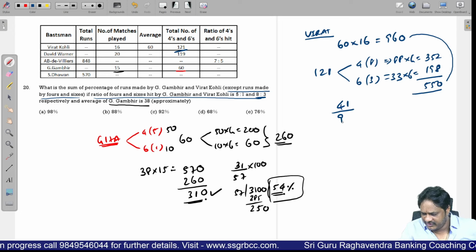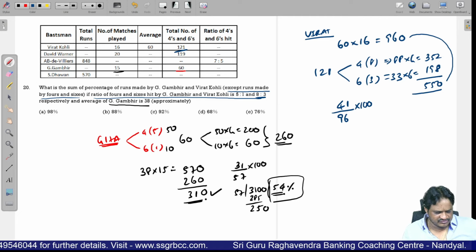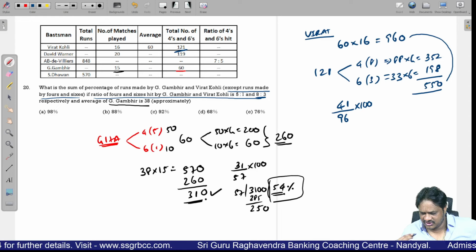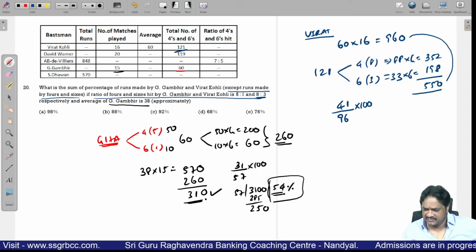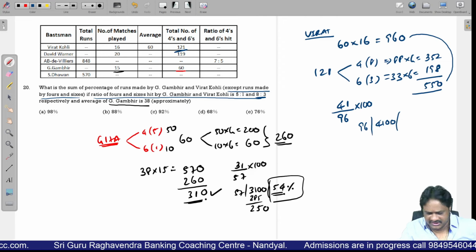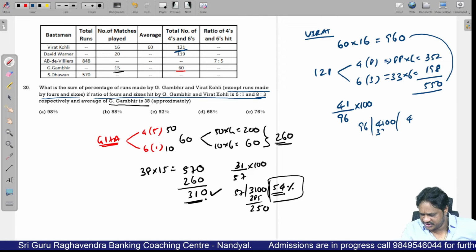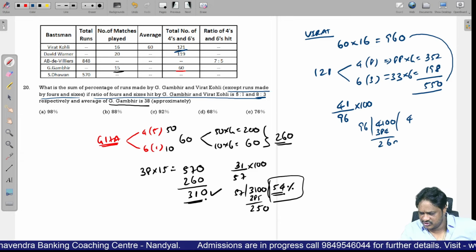Or you can take 41 by 96 into 100. So 41 by 96 into 100, we will get approximately 4100, I am dividing with 96. 96 fours, 384. 10 minus 4, 6, 260.